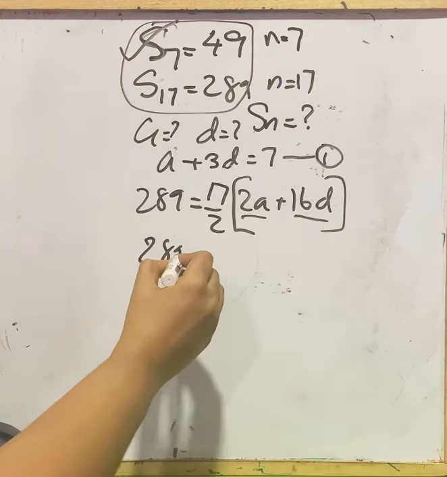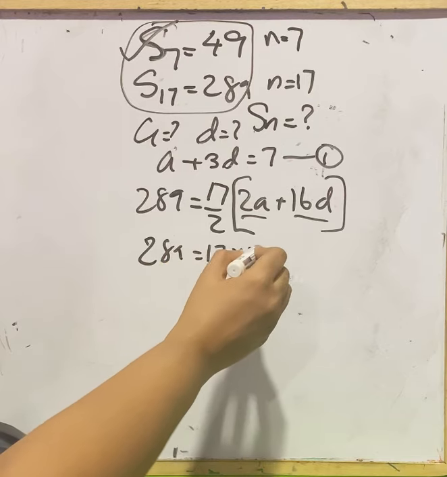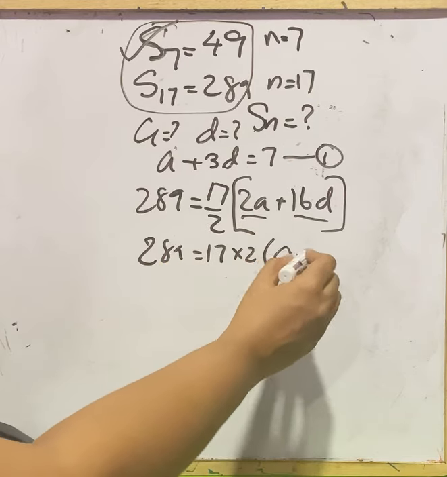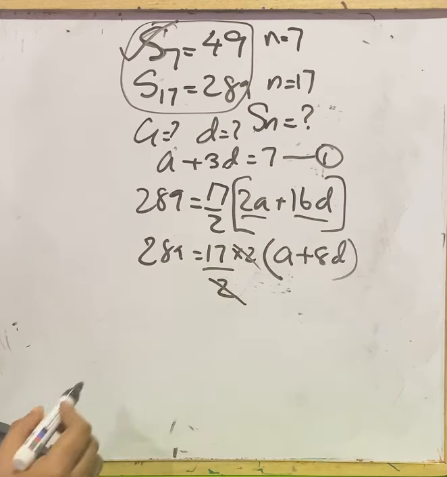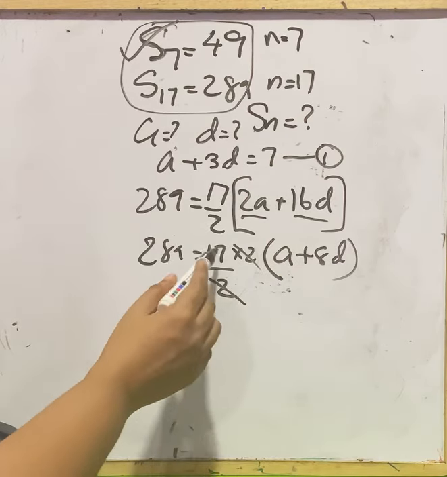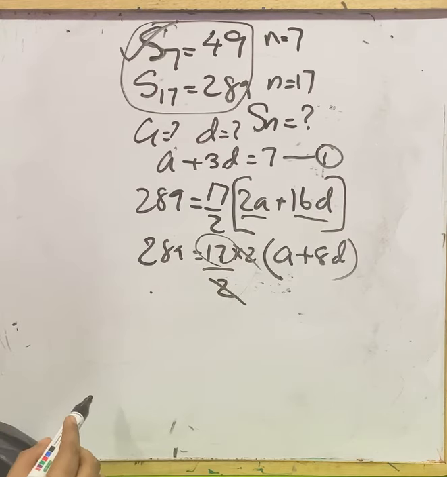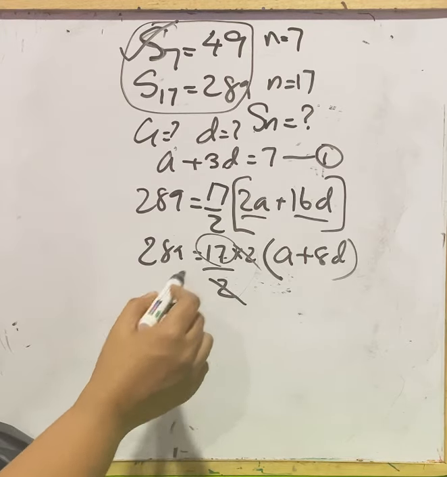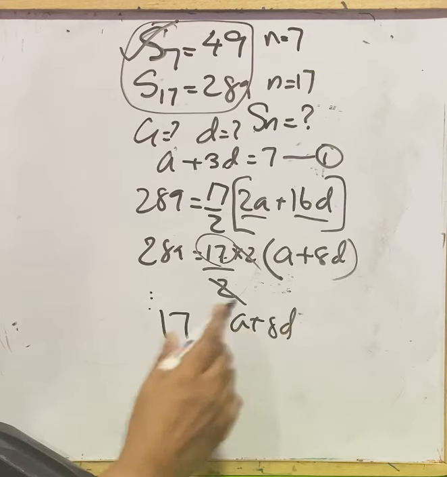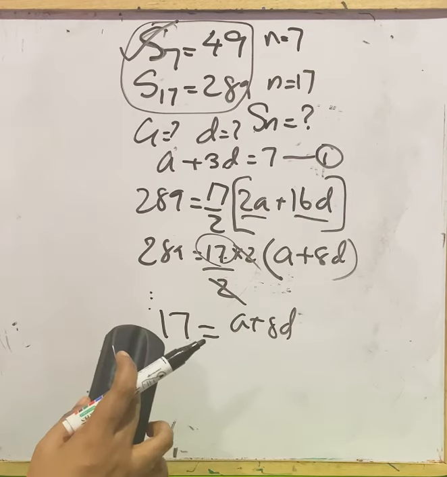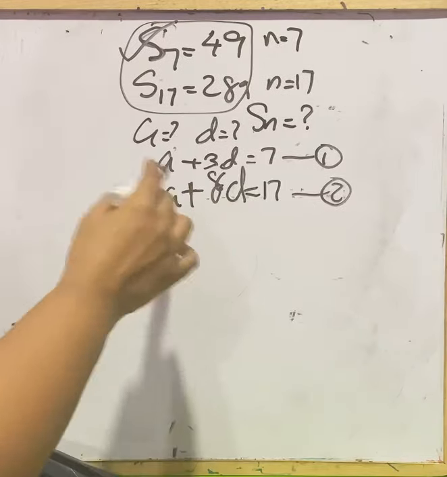So 289 equal to 17 into, inside the bracket, A plus 8D, and 1 by 2 is there. This 2 and 2 get cancelled. Also, we can take this 17 to the other side. It becomes 289 divided by 17 and it is 17. 289 divided by 17 is 17 equal to A plus 8D. So, we got the second equation.